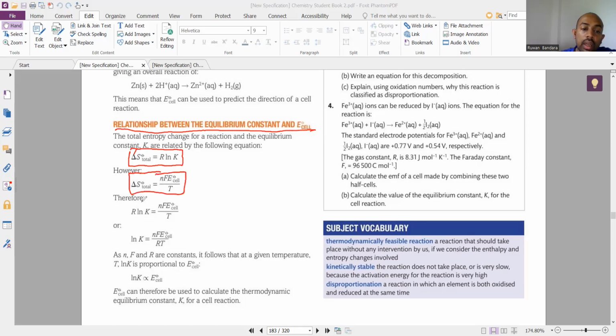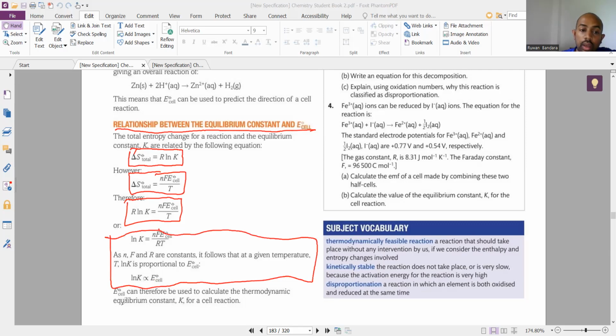Therefore, we can relate these two together. And finally, for a given temperature and a given reaction, N constant, F constant, T constant, R constant. Therefore, we can say that ln K will be proportionate to E naught cell.